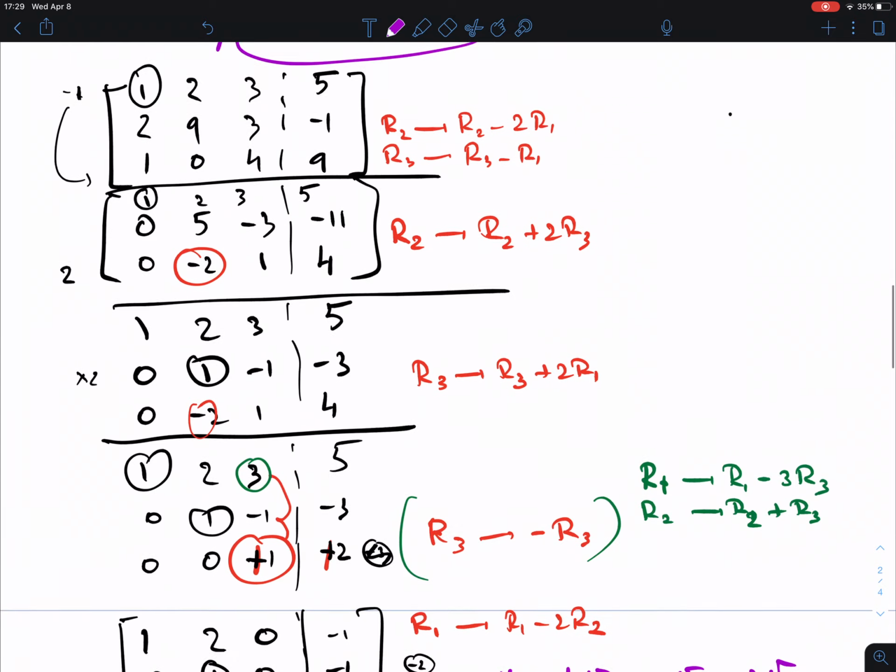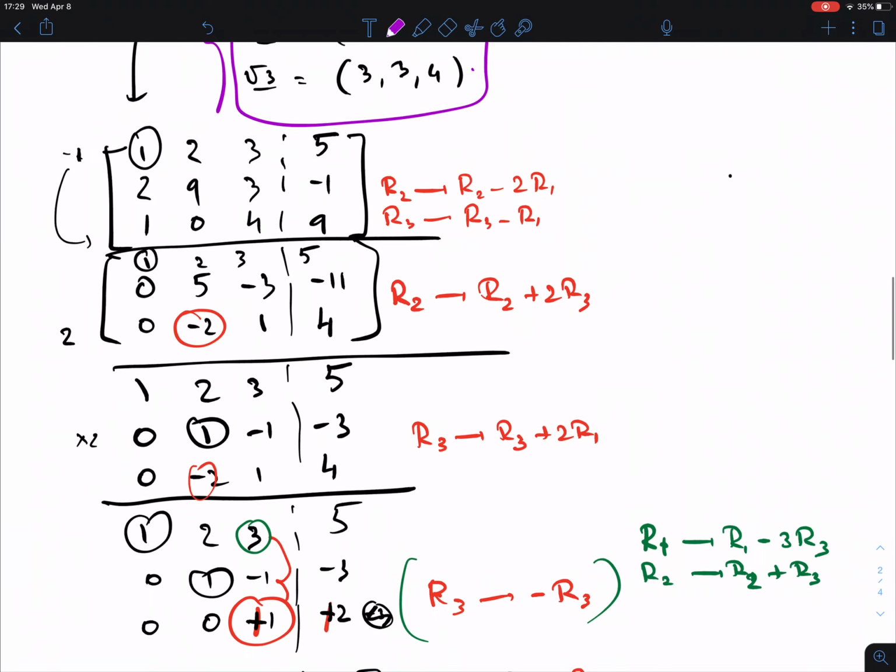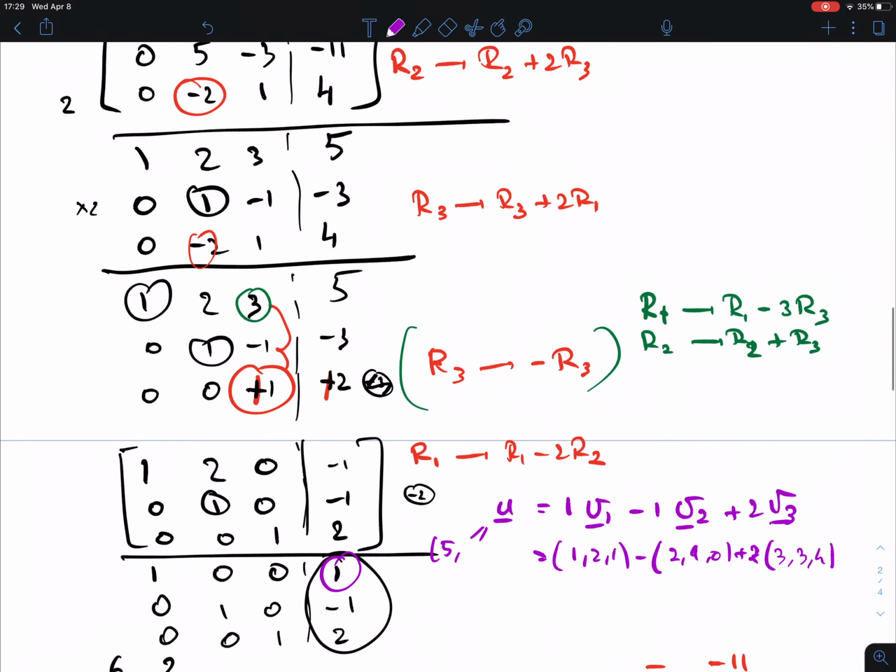And U was 5, minus 1, 9. So this should be true. 1 minus 2 plus 6, that's 7 minus 2 is 5, yes. And so you can check this is actually true.